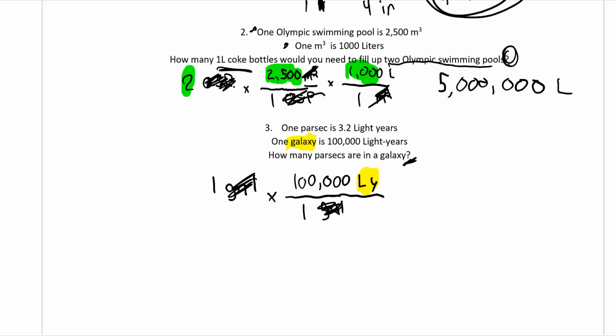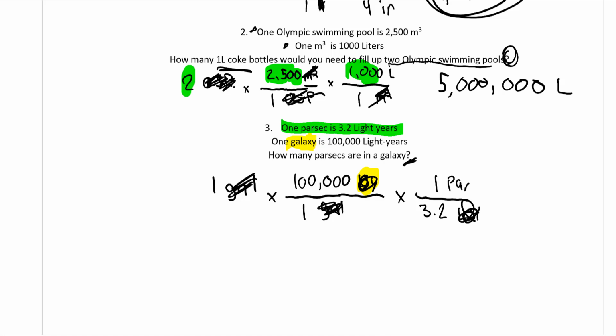I know I need that on the bottom of the next fraction. So I look for the fraction that has light years, and it's right here. Look. 1 parsec is 3.2 light years. So I put the 3.2 down here with the light years, the 1 parsec, and I have my equation, because light years cancel. And now all I have is parsecs, which is what I want.